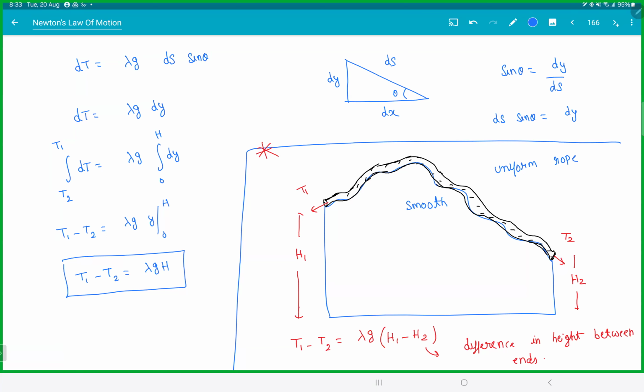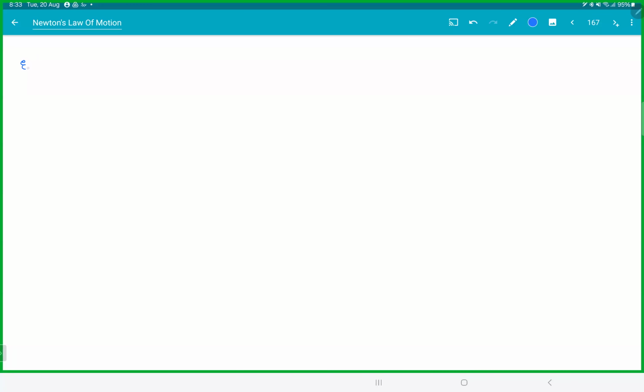For example, tell me what will be the answer for this one. Let's say we have a cylinder like this, a fixed cylinder. Someone kept a rope like this.